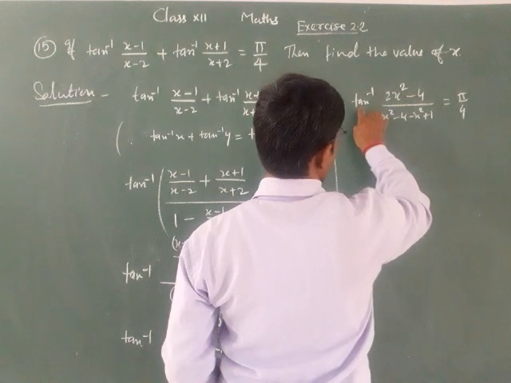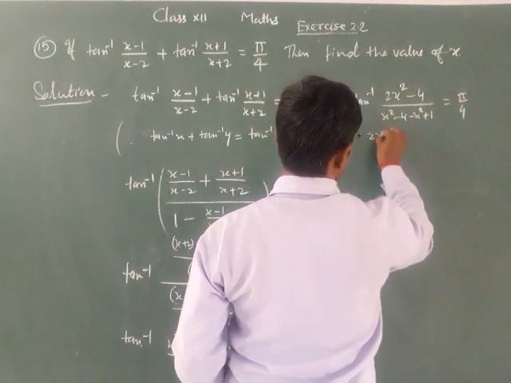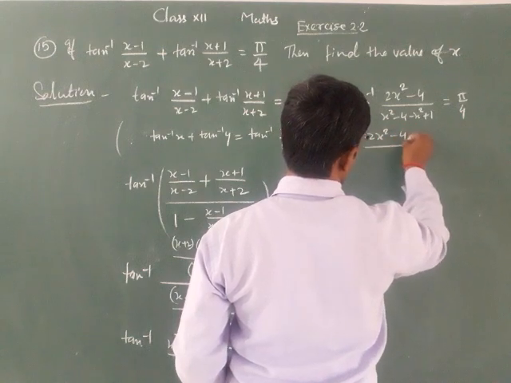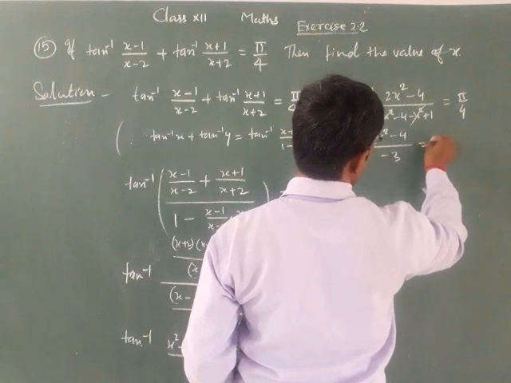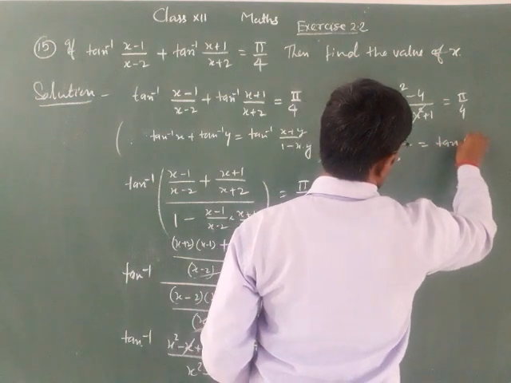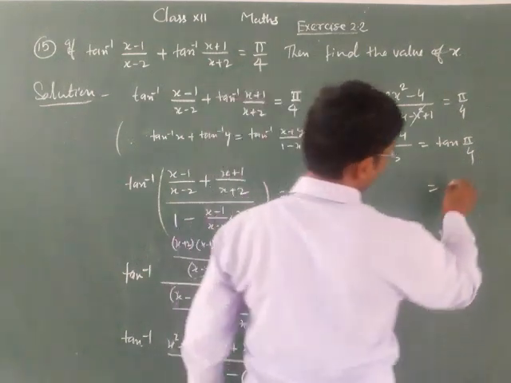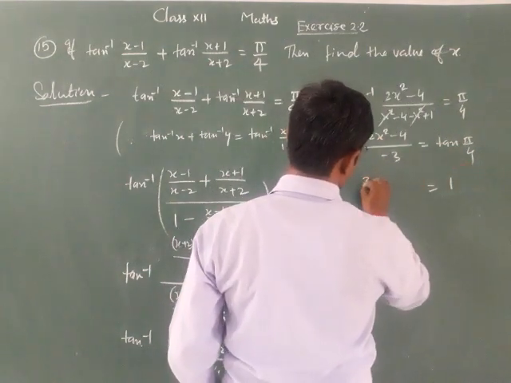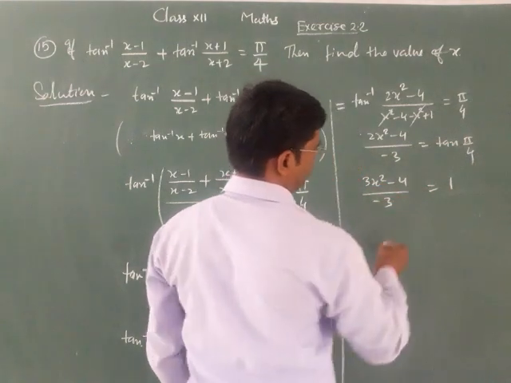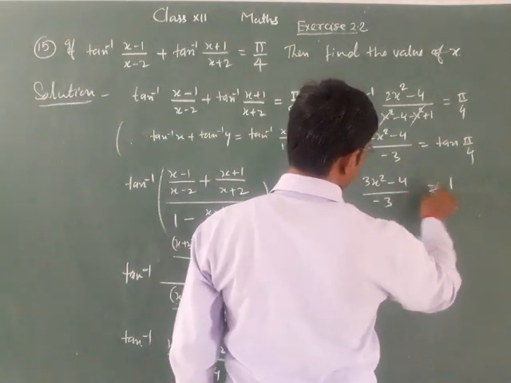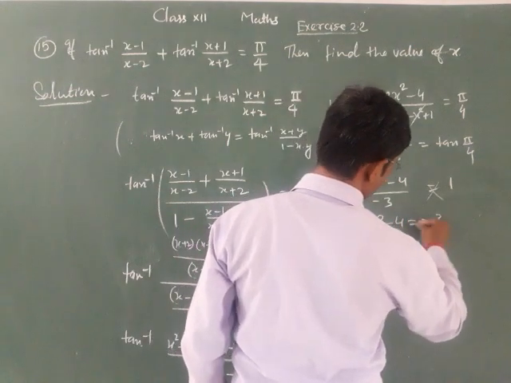So remove this right side. So 2x square minus 4 divided by this is cancel out. So minus 3 is equal to tan pi by 4. Value of tan pi by 4 is equal to 1, and 3x square minus 4 upon minus 3. So cross multiplication, multiply by this, 3x square minus 4 is equal to minus 3.